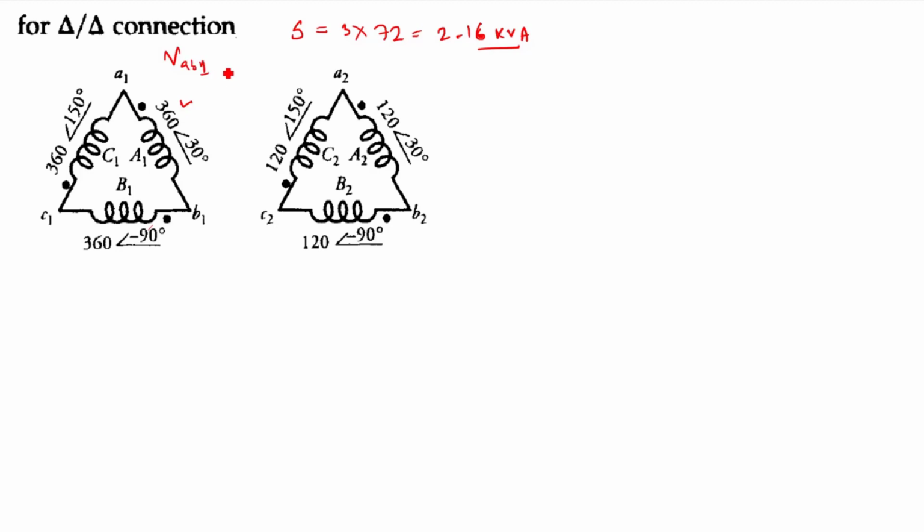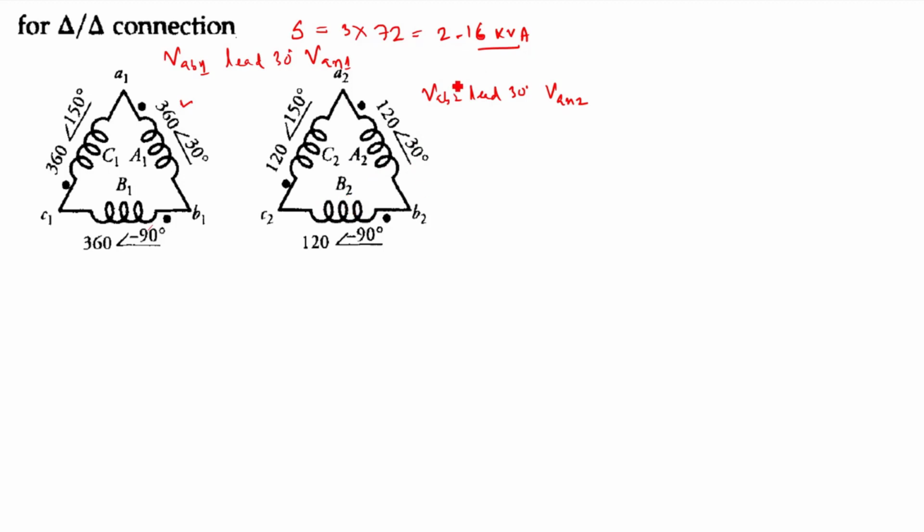VAB1 will lead by 30 degree to VAN1, right? Already we have seen this. So similarly in the secondary side also the line voltage will lead, right? VAB2 will lead 30 degree to VAN2. So these are all leading, right?